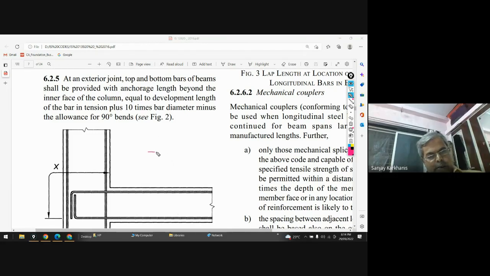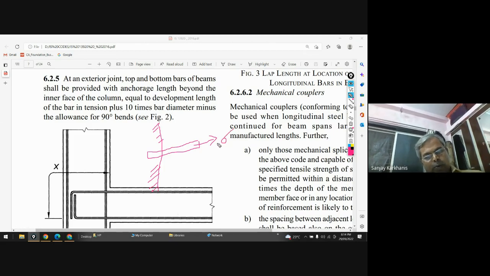You're right, but let me explain it through this. See, this is your bar, and let's say this is your concrete face. Let's say somebody is pulling this bar, and because of that, a stress developed is sigma.